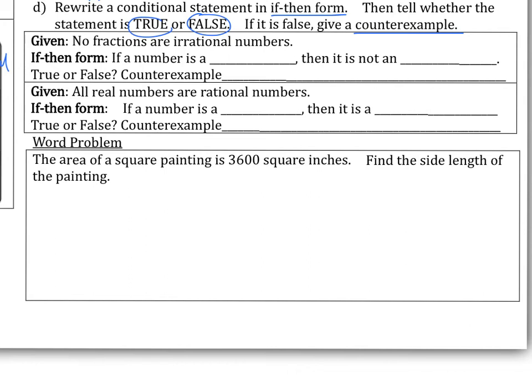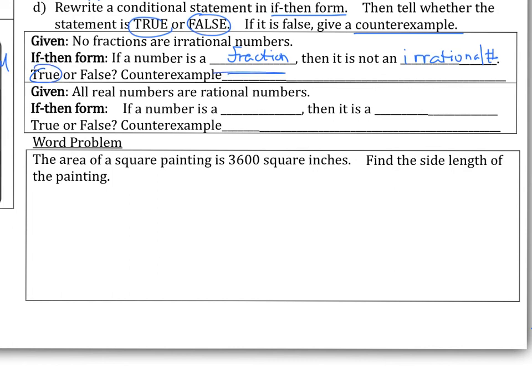To change the given statement to an if-then form, you will write, if a number is a fraction, then it is not an irrational number. This is true, so you don't need a counterexample.